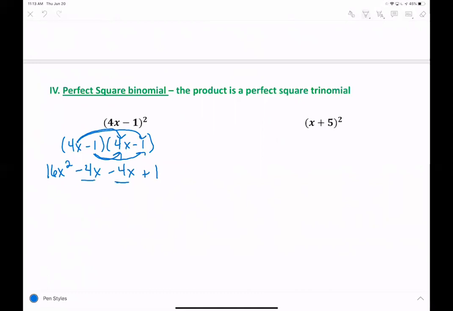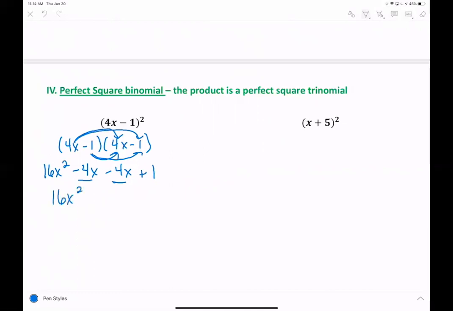They are not going to cancel out. Are those signs different? No. That is a negative 4x and a negative 4x. Same sign means we're going to add those 2 terms together and keep the sign. So notice that we end up with that trinomial here.